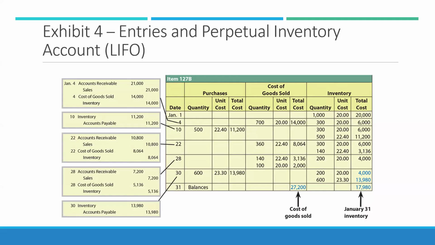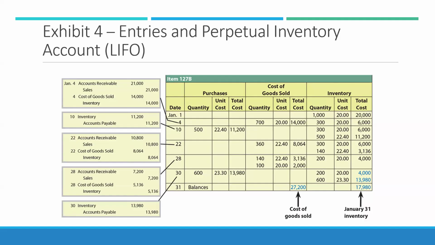And then our ending inventory, we have 200 left of the $20 inventory, and then 600 was purchased on the 30th. So the most recently purchased inventory appears.